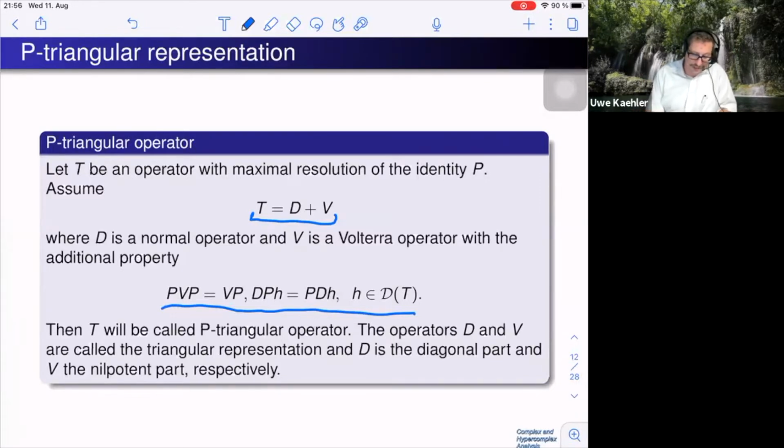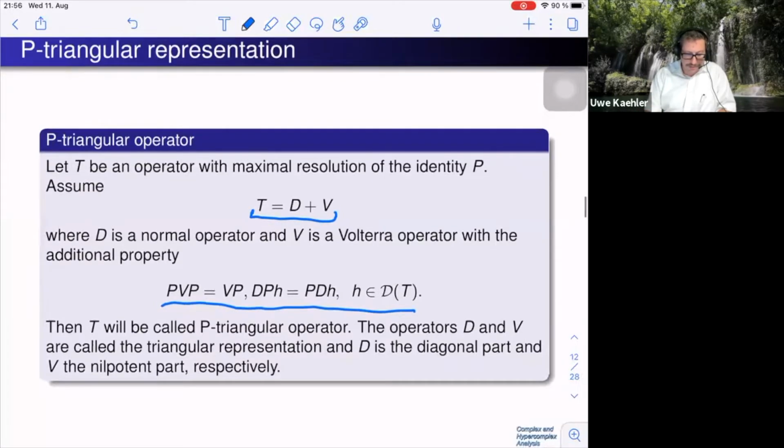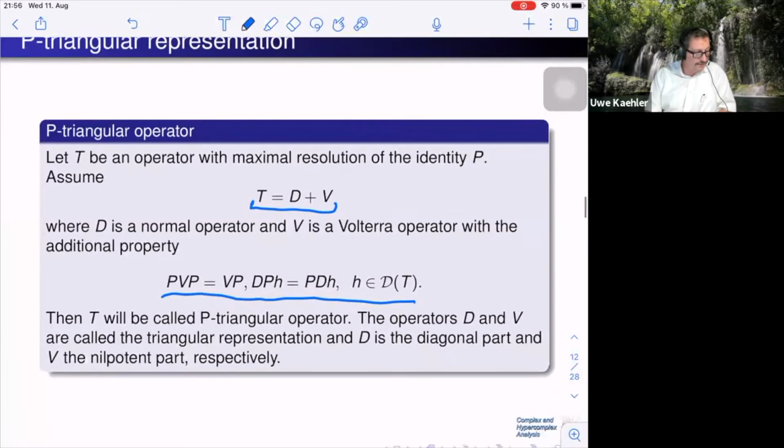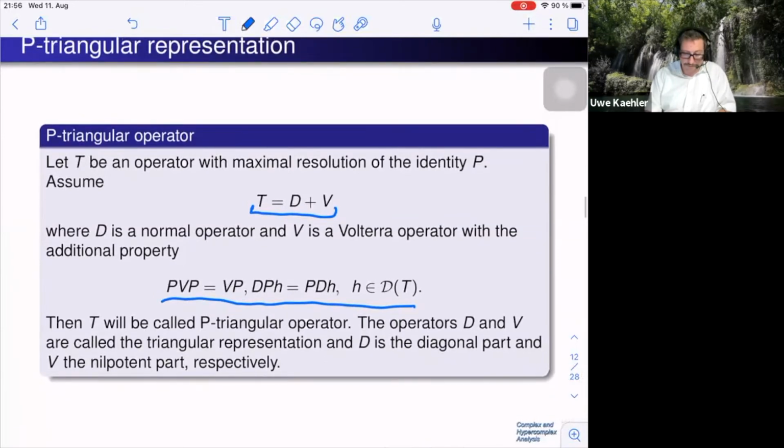Pre-triangular in the sense that it actually has a triangular decomposition. So in the case of matrices, you can think of a Volterra operator as an upper or lower matrix with zeros on the diagonal, and D as a diagonal operator, so that gives you the idea where the name comes from. D and V are called the diagonal representation, exactly in that form.